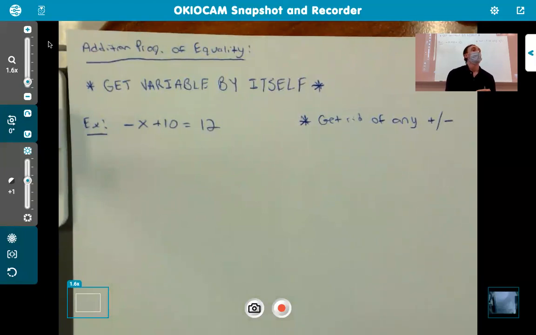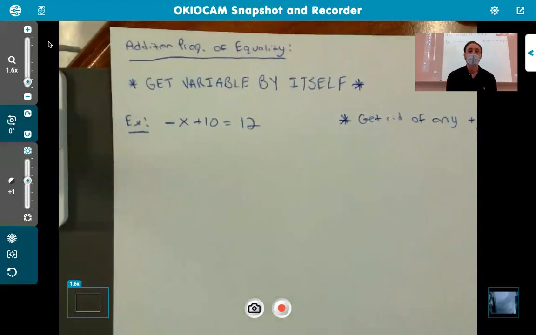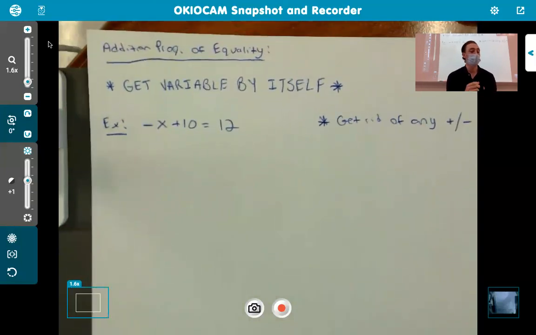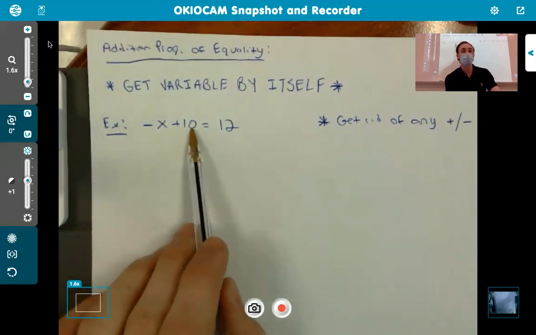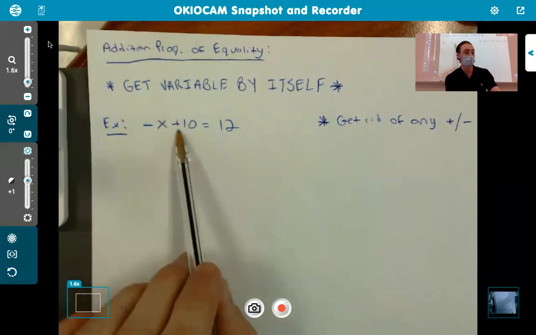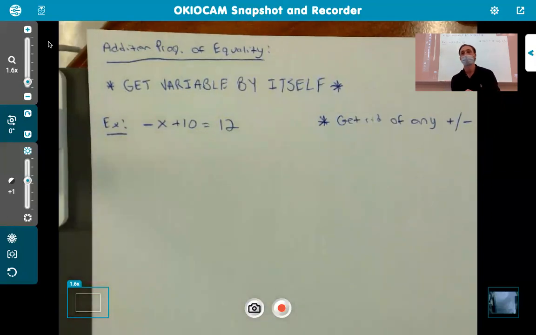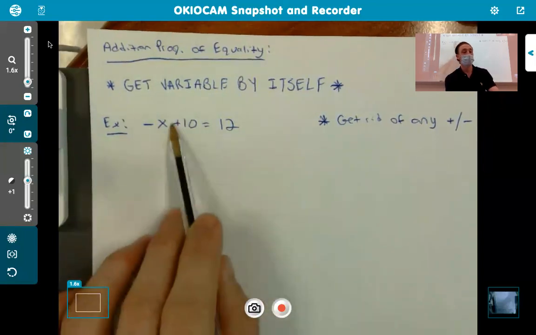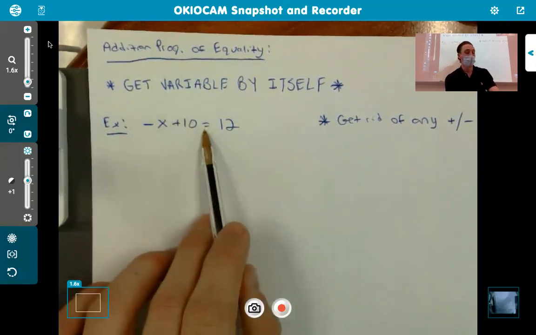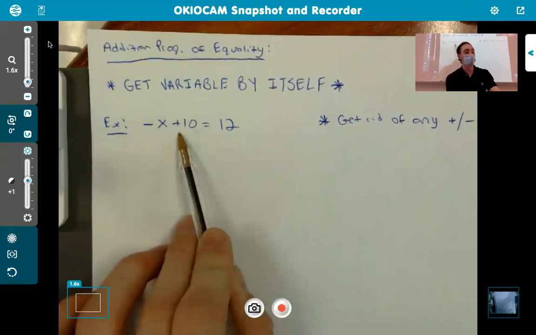So if I take a look at that left-hand side of the equal sign, if I'm getting rid of addition and subtraction, that means that I'm trying to move something that's being added or subtracted to the variable. Well, what number is being added to the variable right now? 10, right? So I have plus 10 over here. In order to get rid of it, I want to make that a 0.